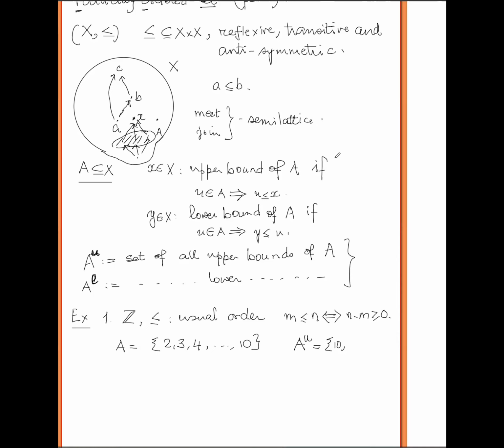If X is an upper bound and X prime is bigger than X, then X prime is also an upper bound.